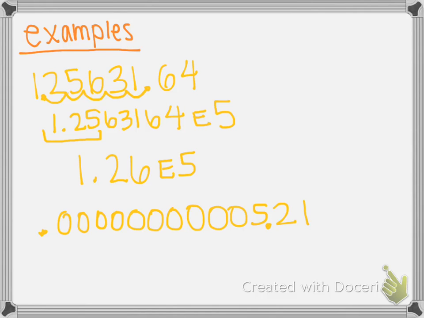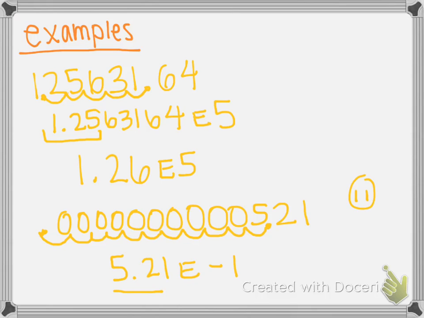And so let's count how many spots you moved it. 1, 2, 3, 4, 5, 6, 7, 8, 9, 10, 11. I'm going to write that down so I don't forget. 11 times. Okay, so your number is 5.21 E, and we need to make this number way smaller, so it's E negative 11. Okay, because that's telling you to move the decimal spot in this direction, and that's what you want to make it that number that you started with.